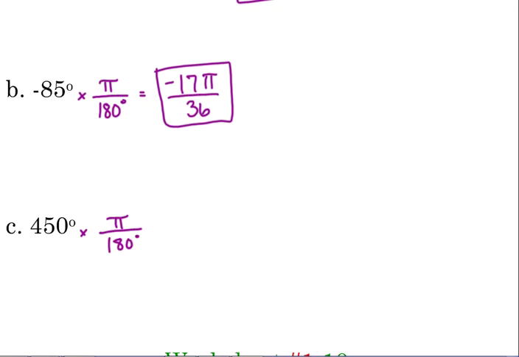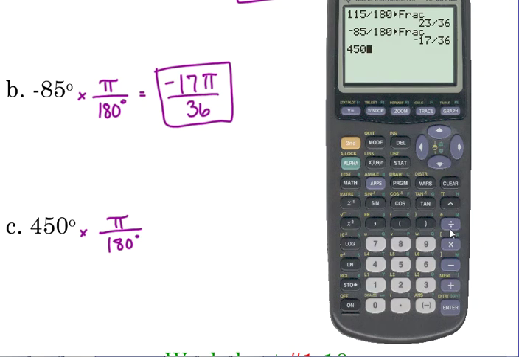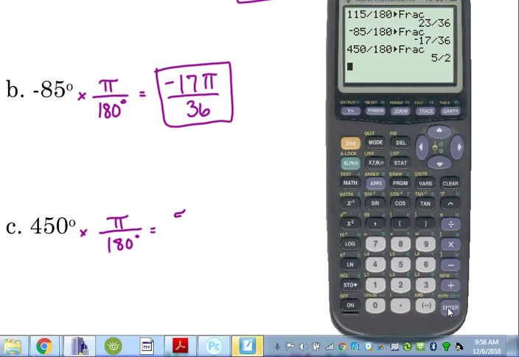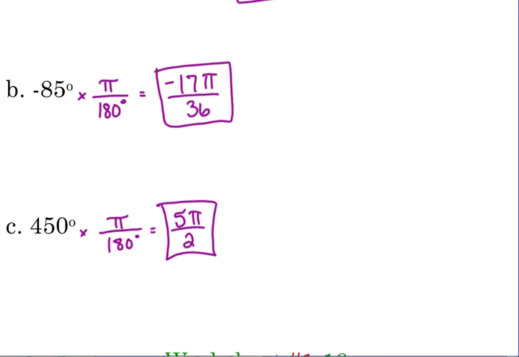But again, it doesn't change how you convert. You still do it the same way. Put your number over 180, reduce the fraction. So that is 5 pi over 2. So finally didn't have a denominator of 36. 5 pi over 2 is the radian equivalent of 450 degrees.